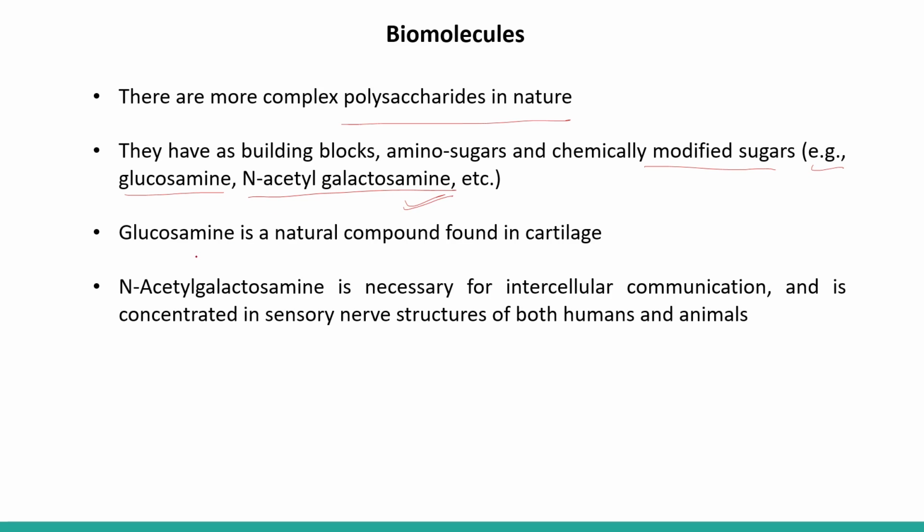If you remember, glucosamine is a natural component found in cartilage. N-acetylgalactosamine is necessary for intercellular communication and is concentrated in sensory nerve structures, in both humans and animals. So they are also very, very important.